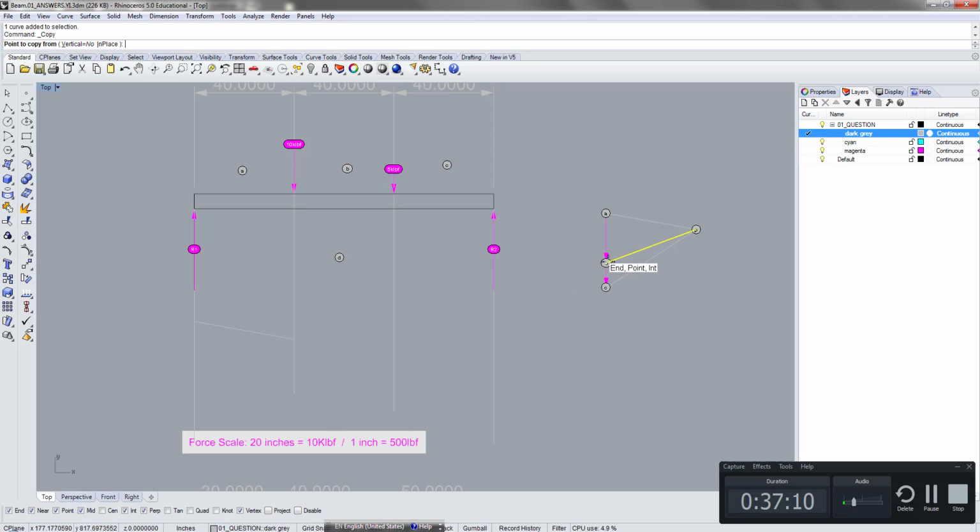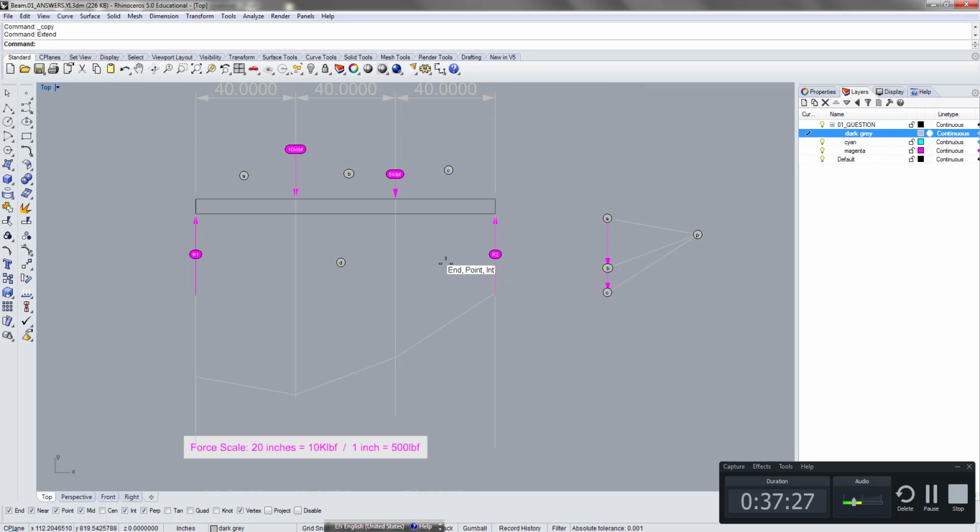And B is here. And C is here. Again, what really matters is this closing line, which D is again between this reaction 1 and reaction 2.